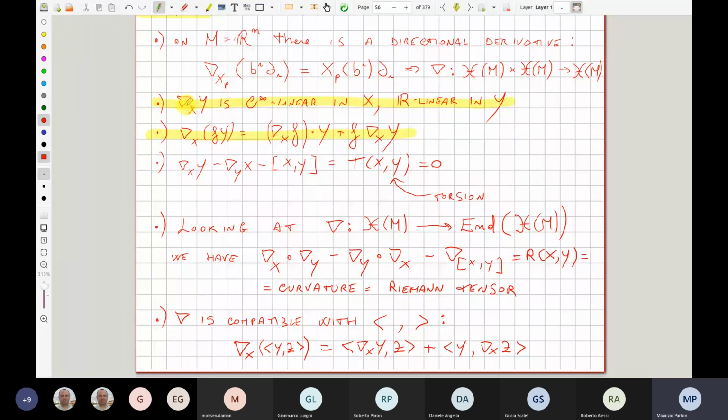But what is important are the properties of this connection, of this operation on vector fields, that is linear with respect to one argument, that is tensorial with respect to the first argument, the direction of derivation, and it is a derivation, satisfies this Leibniz-like rule on the second argument, okay? And these two properties are the ones giving the abstract notion of connection for later.